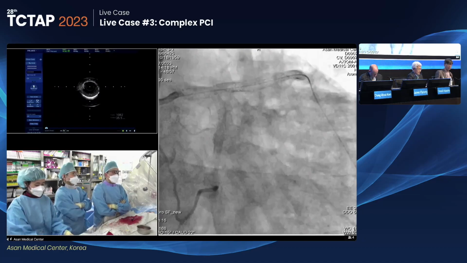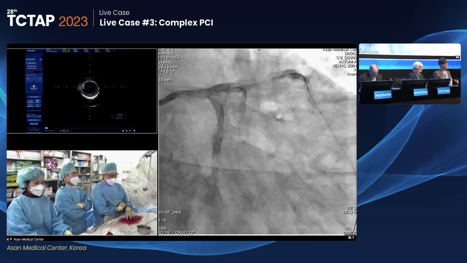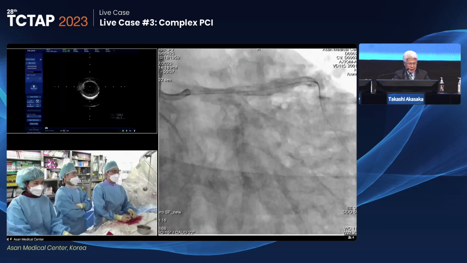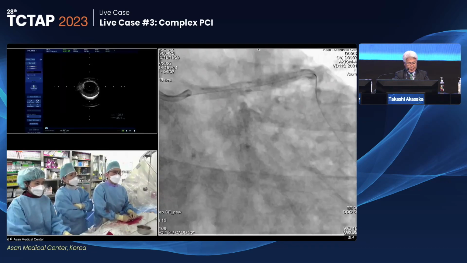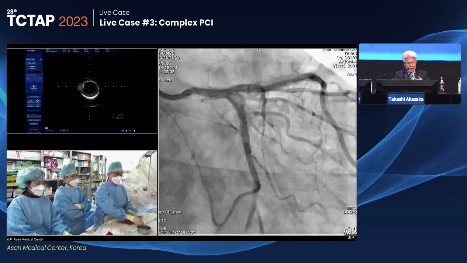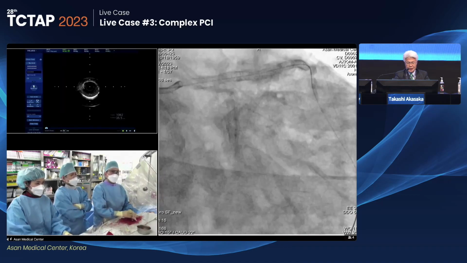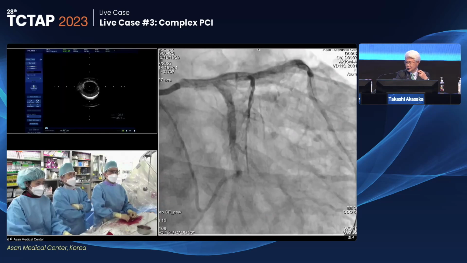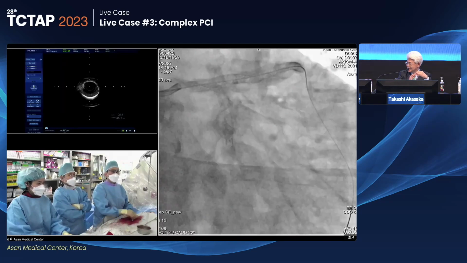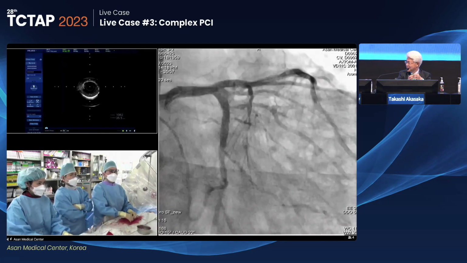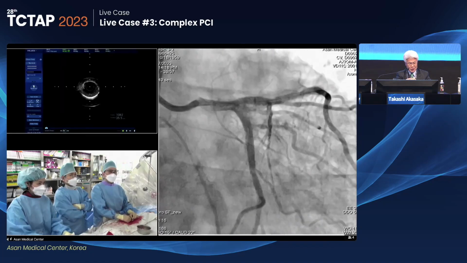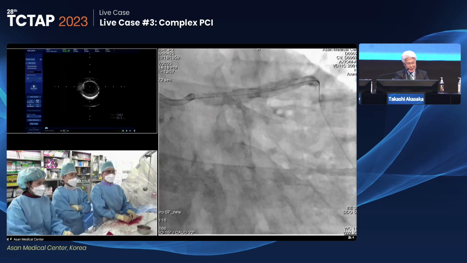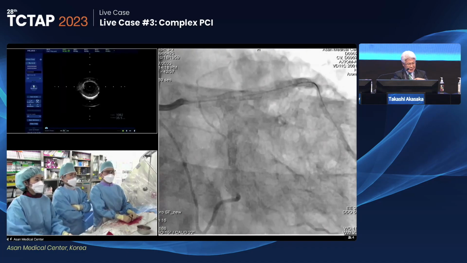Yeah, Dr. Kang, a very wonderful, skillful PCI. Thank you very much. And again, I would like to go back to the initial PCI. As I told you, in this case, the site of the CX orifice is the distal cell of the crossover, right? It is very lucky, because you can easily pass the wire to the distal cell.